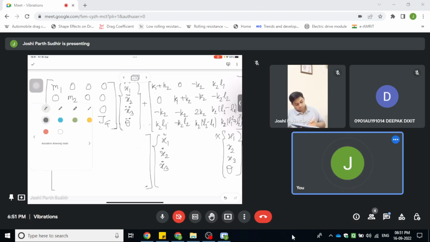So we can get the terms basically from the corresponding equations of motion, and also write the damping matrix.